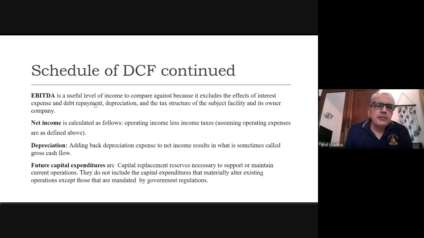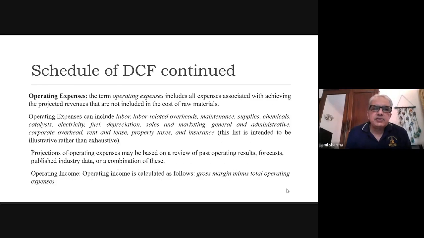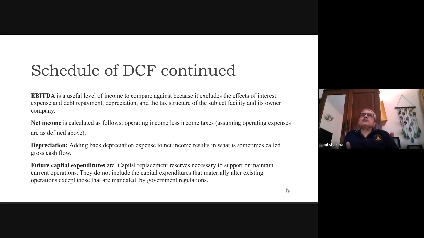So yeah, you get the EBITDA. But see, in the last slide we had said that depreciation is reduced from this, but in free cash flows, depreciation is not being reduced. So if you reduce it, then you add it back, so that you get the free cash flows, which are independent of depreciation.